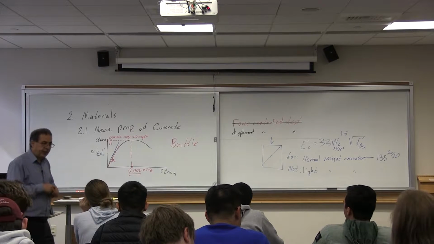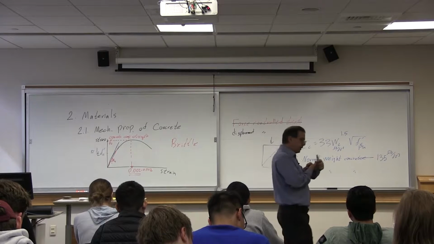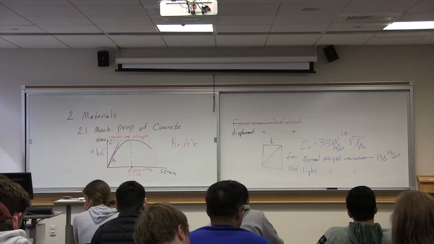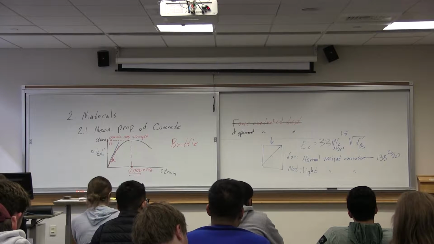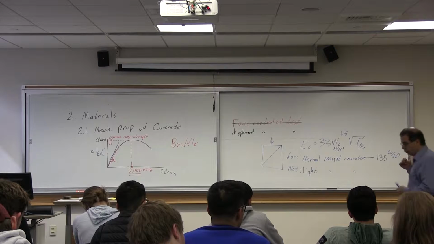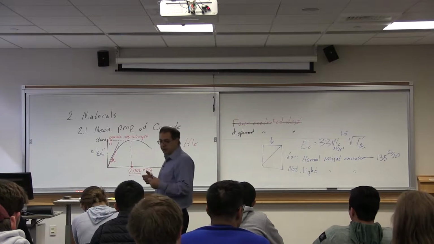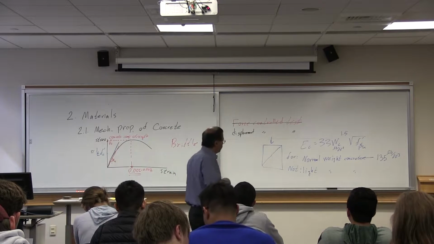So 150 is slightly larger than this to be a little bit more conservative and to account for the weight of the rebars. This is just concrete. When you do reinforced concrete, some people go 140, some 145. I would suggest just think about 150 and you perhaps more easily remember.